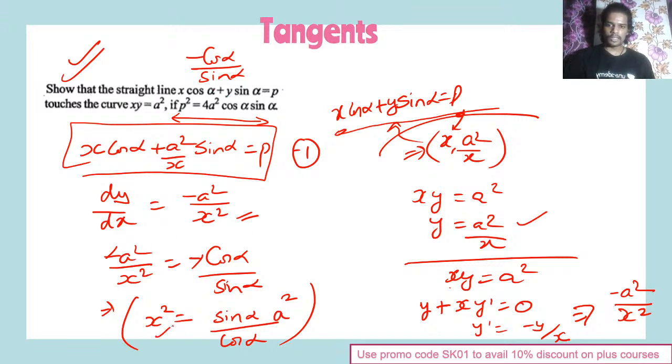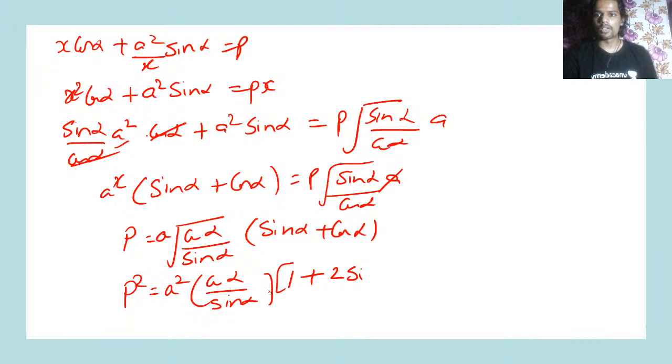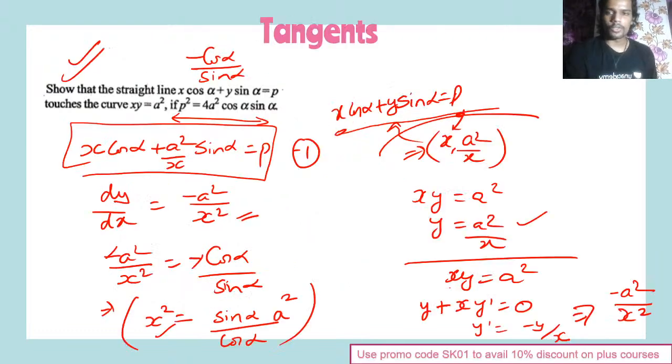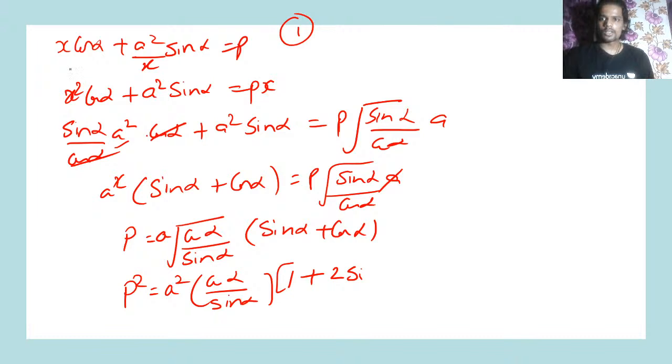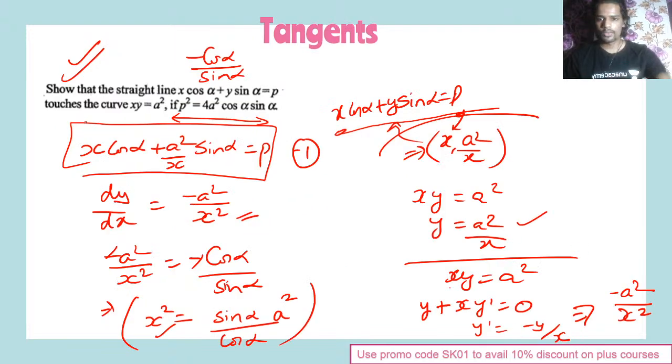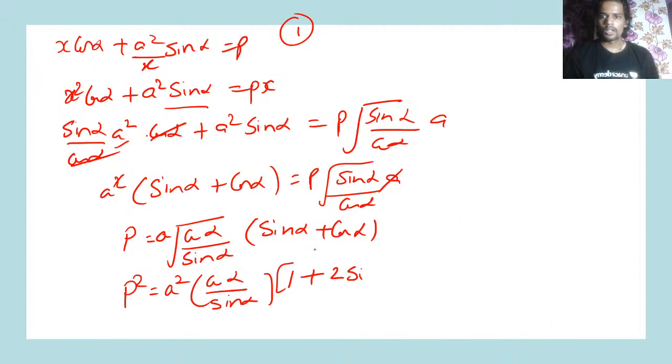We got the answer as x square equals sin alpha upon cos alpha a square, and then we tried to solve the equation of line, equation 1. Equation 1, we got x square plus a square px, x square value sin alpha upon cos alpha from equation number 2, and this turned out to be a square sin alpha p sin.